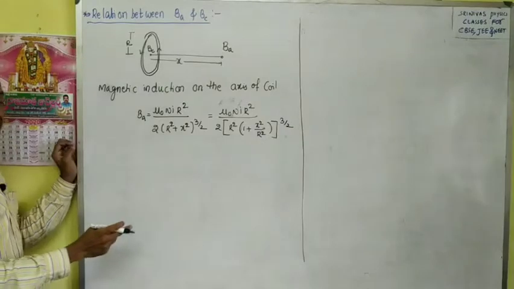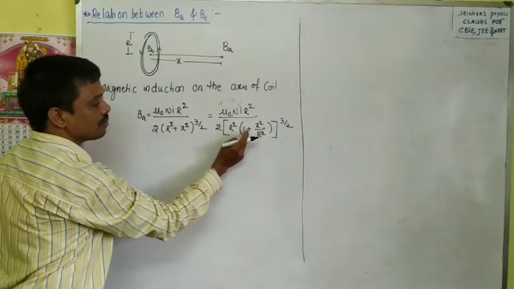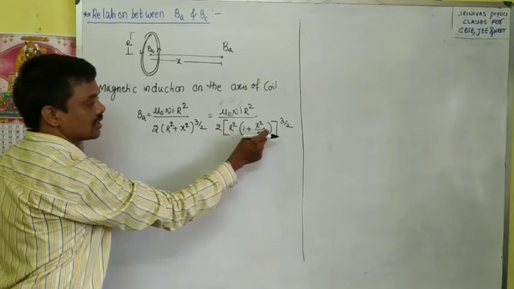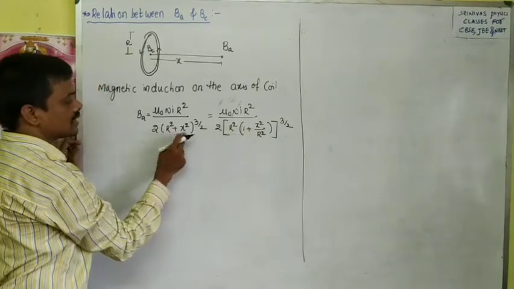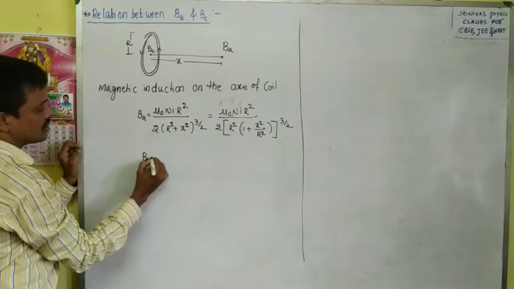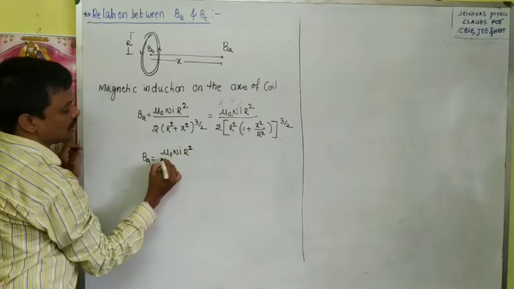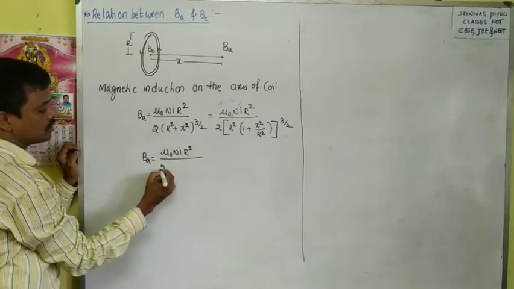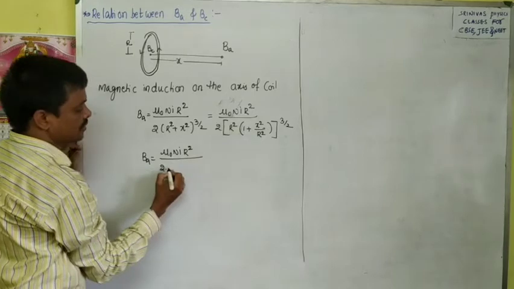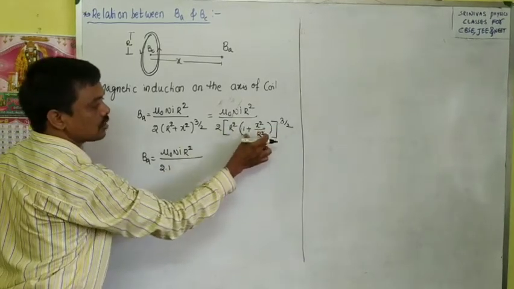What did I do here? I took r square common. If you multiply with r square, r square plus r square into x square by r square, this gives back r square plus x square. Now we simplify. BA is equal to mu naught N i r square by 2 into r square whole power 3 by 2, which is r cube, into 1 plus x square by r square whole power 3 by 2.